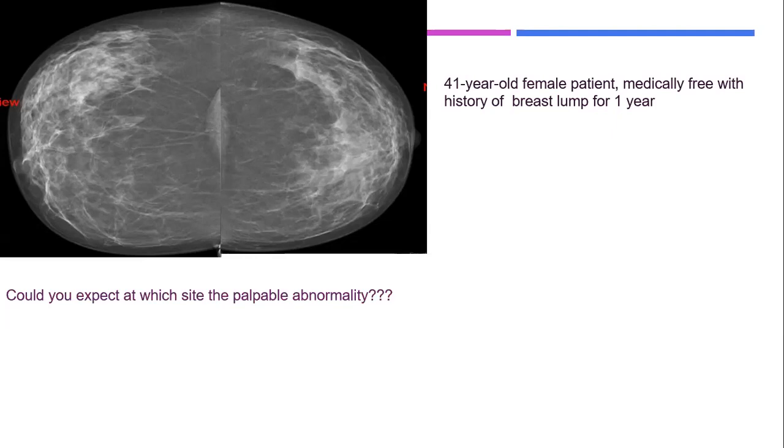But look for the texture. Look for the textures of the breast tissue. This is what I told you about. This is a complex texture that makes it difficult to evaluate breast tissue in spite of not very high density.